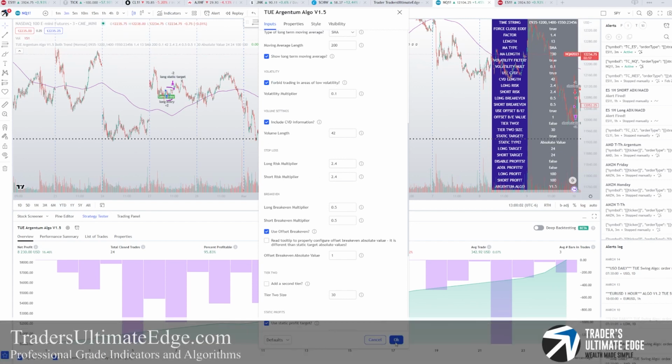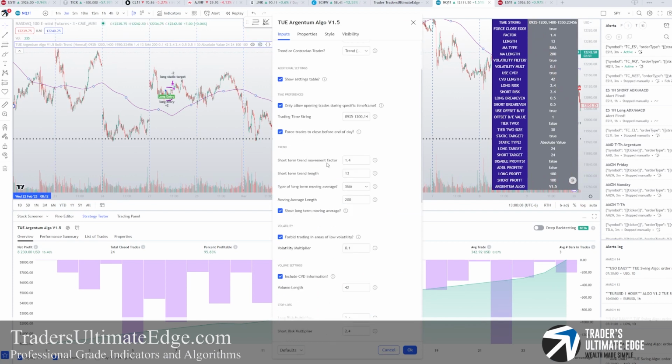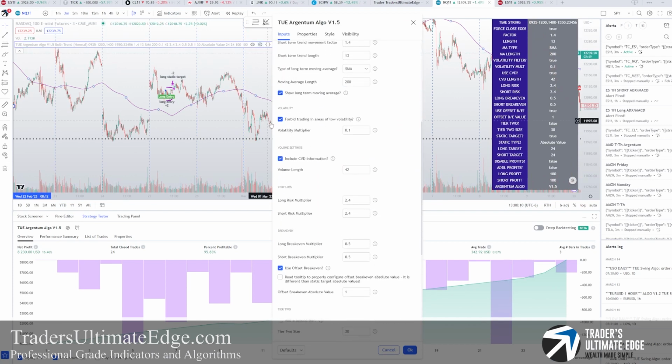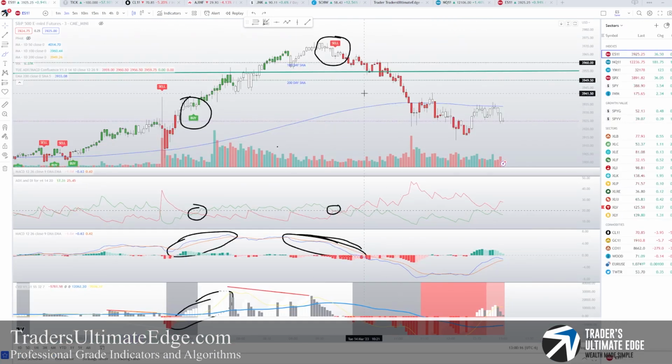That's why I say to set it up that way so that it has checkboxes here, like right here, a checkbox. You can turn it on and off. So it makes it really easy to backtest your algo in TradingView. That way you can see, well, does adding the volume help me or hurt me?